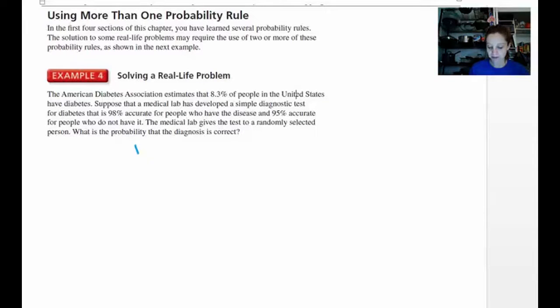The top will be the population of the United States. And we're going to split that population into people that have diabetes and people that do not. 8.3% of the population has diabetes. I'm going to call this event A, and I'll label has diabetes.